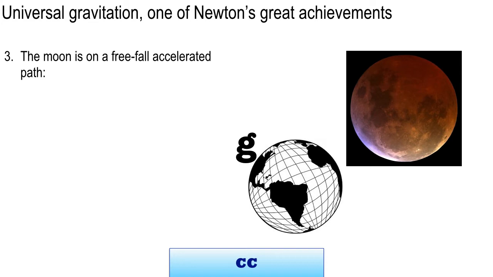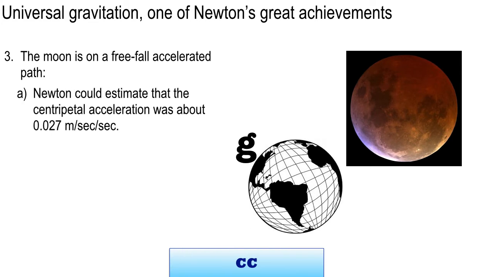In other words, he assumed that the moon is on a free fall accelerated path. That is a correct assumption. It really is in free fall. But it's moving so fast it never crashes to Earth.